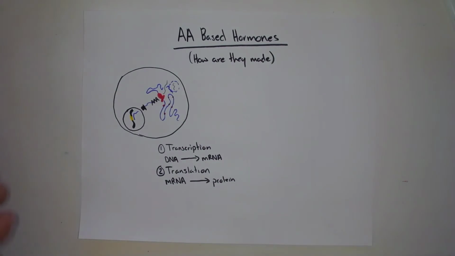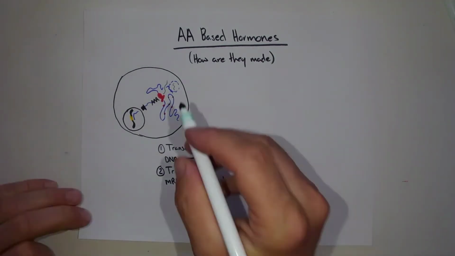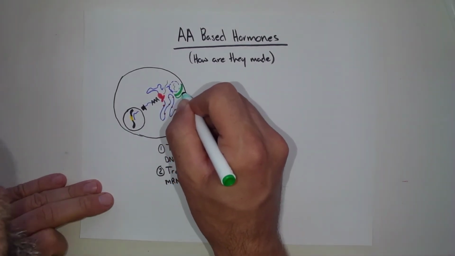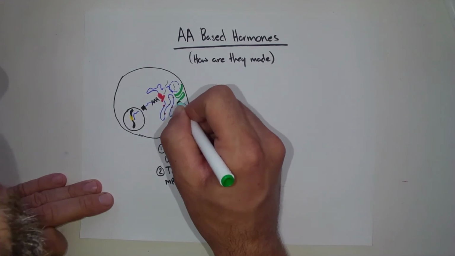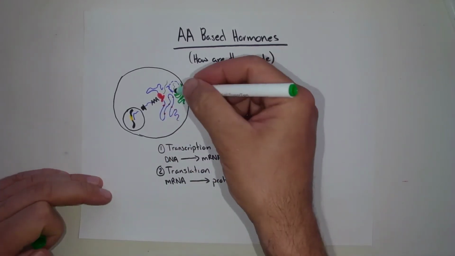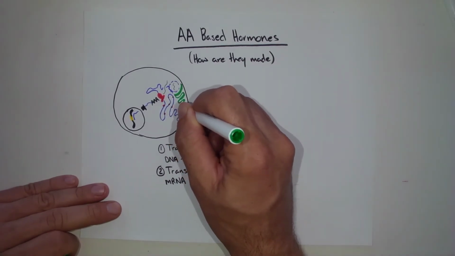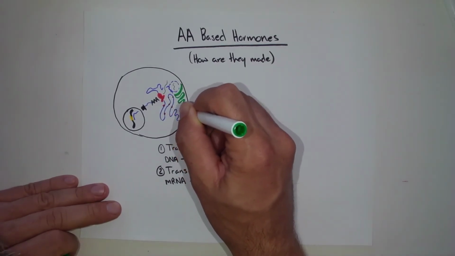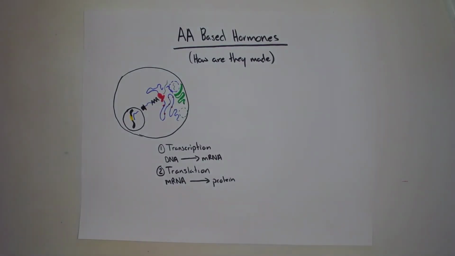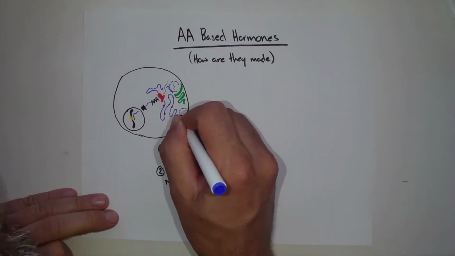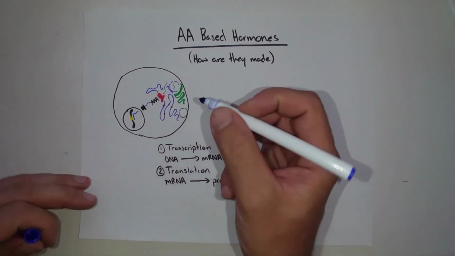Now, this transport vesicle is going to move through the Golgi apparatus, the shipping and receiving center, which also is made up of these folds or cisterns. And as it moves through, that vesicle, and the protein that is contained within it, is going to be modified a little bit.